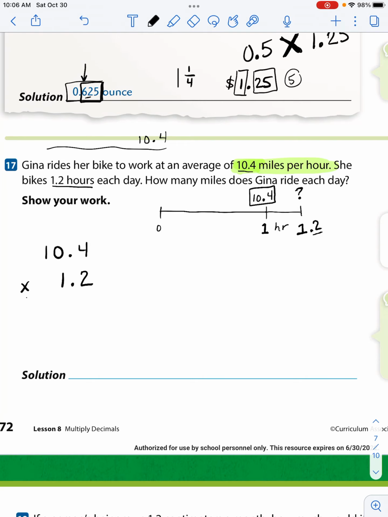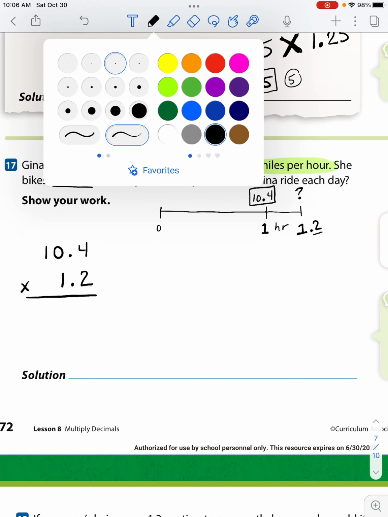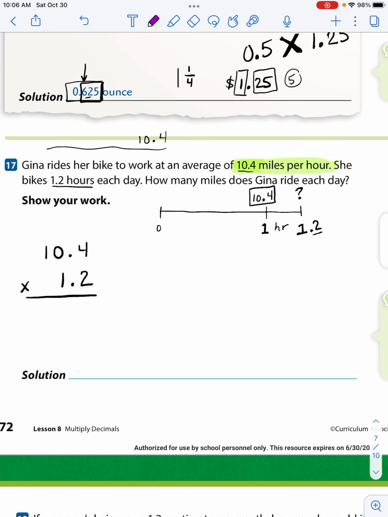Now, remember, in multiplying, you don't have to line up the decimal points. You actually do not line up the decimal points. It's all about place value. But I just want to stop for just a minute. Instead of doing just the typical old school, I want to think about this as just plain old multiplying with no decimals. So, if we have 2/10 times 4/10, we get 8/10, right?